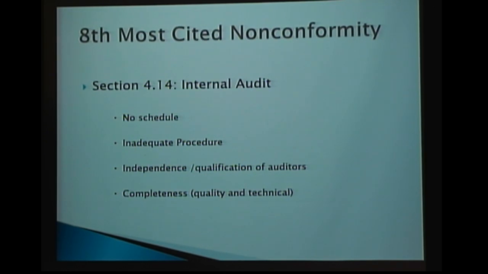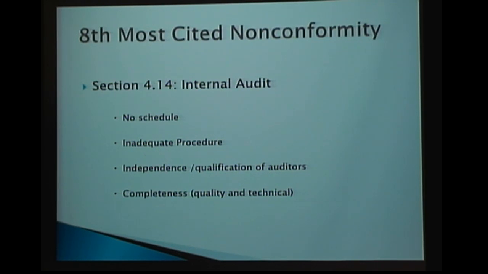Internal audit was the 8th most cited nonconformity. There was no schedule, no advanced planning, no audit program for the year. Inadequate procedure, maybe not fully covering all elements of the management system of the laboratory. Independence and qualification of the auditors could be an issue.